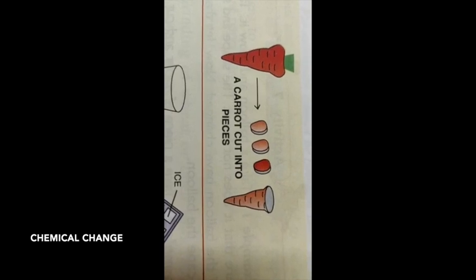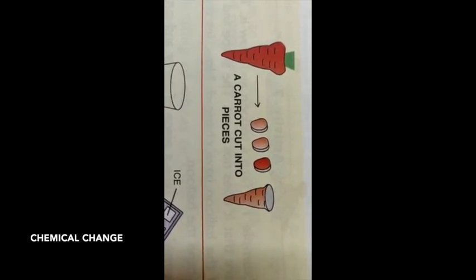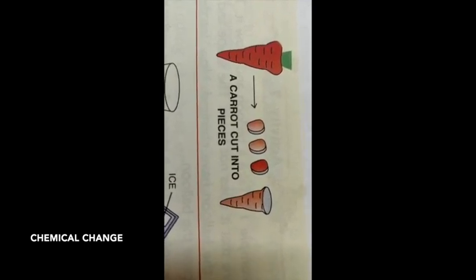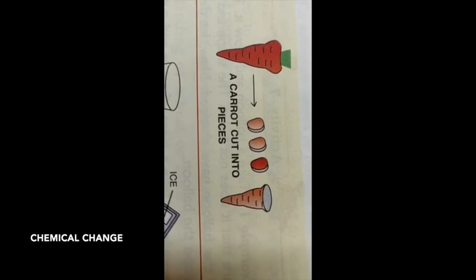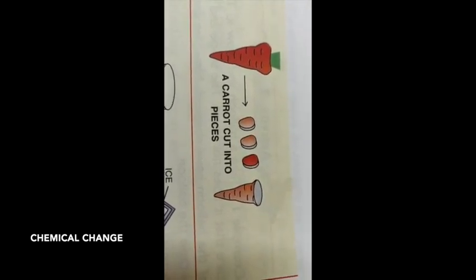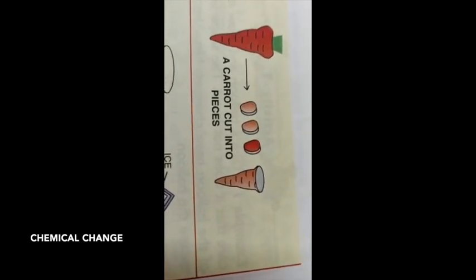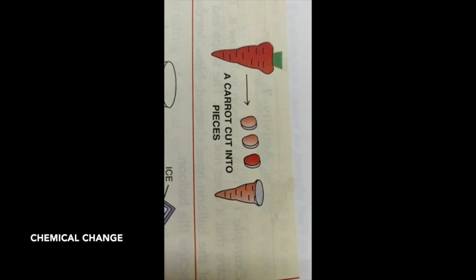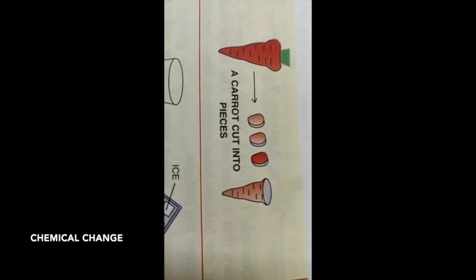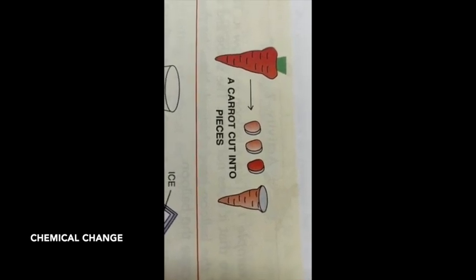The cut pieces of carrot cannot be pasted by any means to make it back to the previous carrot shape. That is why we need to consider all four properties of physical change separately, and it is not necessary that a physical change will satisfy all four conditions. Even if it satisfies 3 of the conditions, it can be considered a physical change.